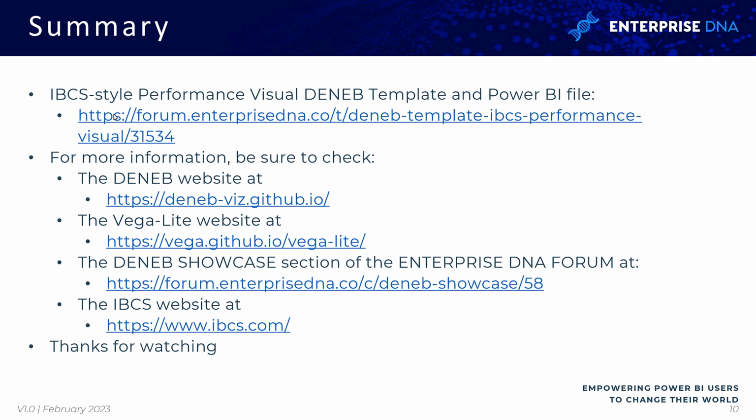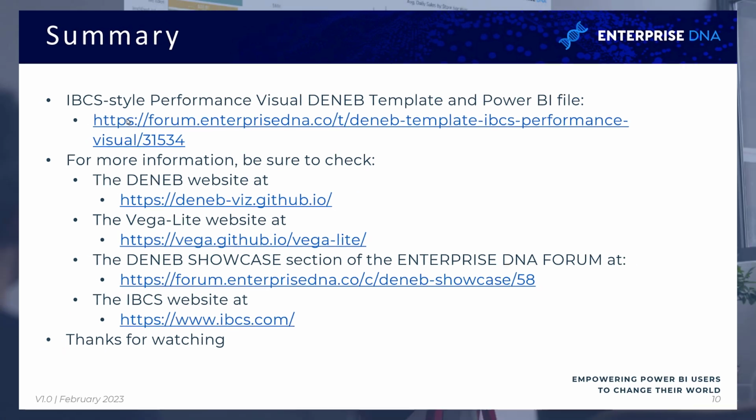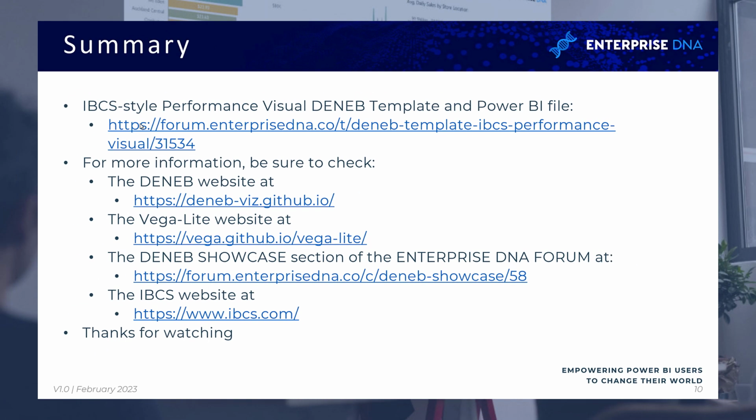The Deneb template for this visual, along with the PBIX file used to create this visual, is available in the Deneb Showcase section of the Enterprise DNA forum. For more information on any of these topics, you can refer to the Deneb website, the Vega-Lite website, and the IBCS website. Thanks for your attention, and I hope this has been of value to you, and will pique your interest in adding Deneb, Vega-Lite, and IBCS skills to your Power BI toolbox.